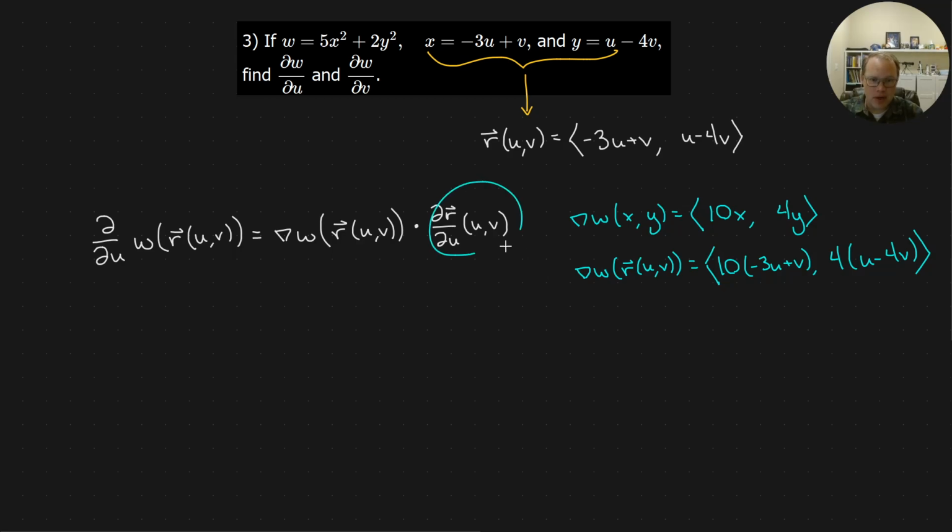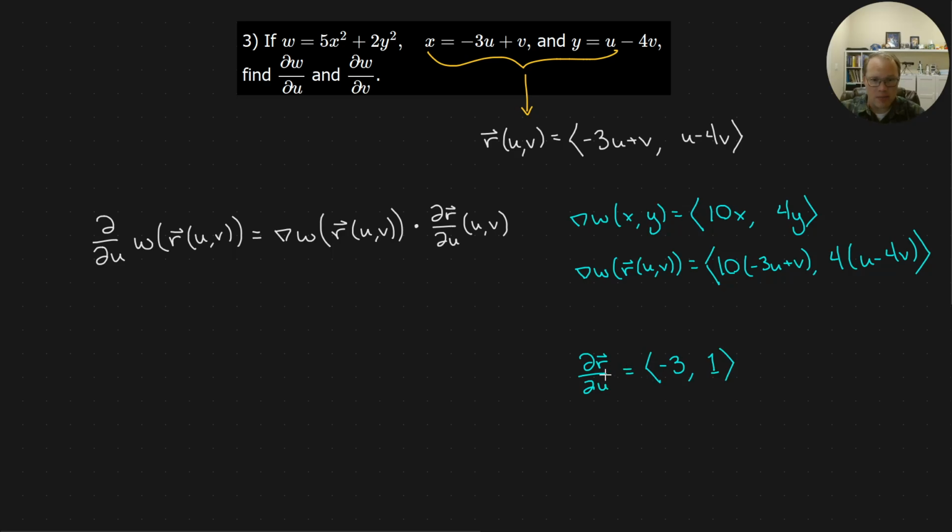Okay, the other one I need is the partial derivative of this vector valued function with respect to variable u. Okay, so partial derivative of r with respect to variable u. For the first component, that's just negative 3. Partial derivative of the second component with respect to u is just 1.